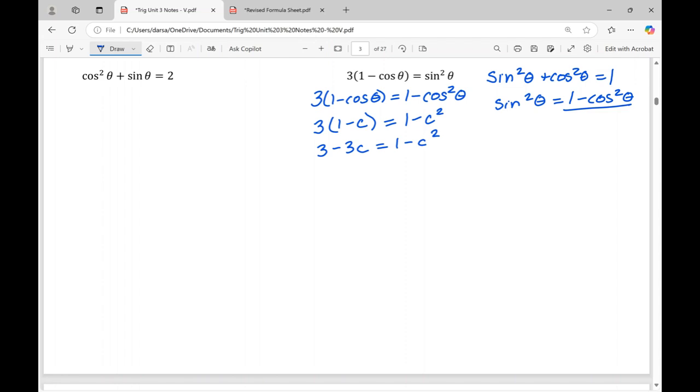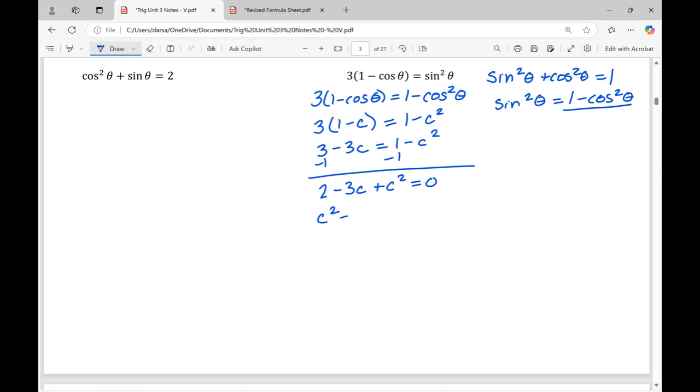And remember, we're going to have to factor this, and that's always easier if the coefficient on the c squared is positive. So I'm going to add c squared to both sides, and I'm going to subtract 1 from both sides. That 1 is a constant, so it will be subtracted from the constant 3. And it looks like we're going to get then 2 minus 3c plus c squared is equal to 0.